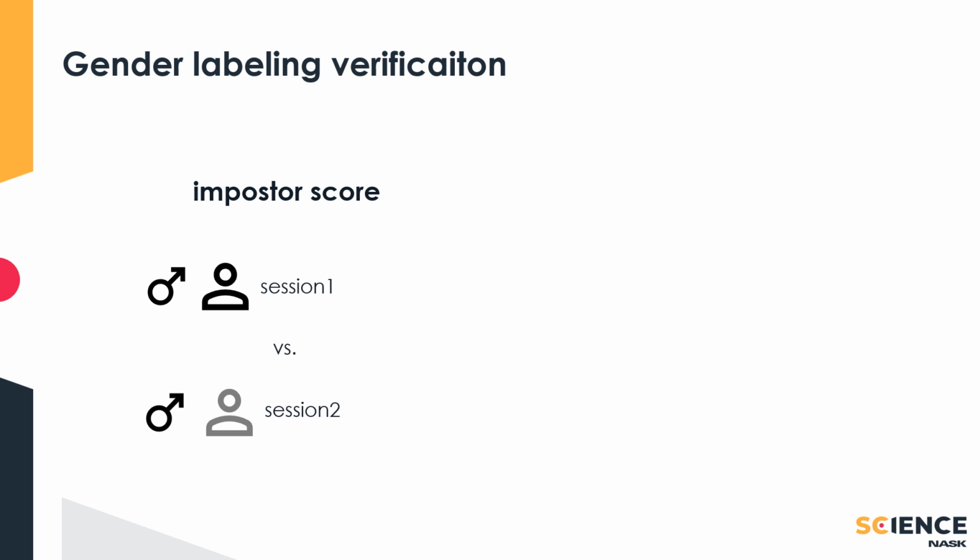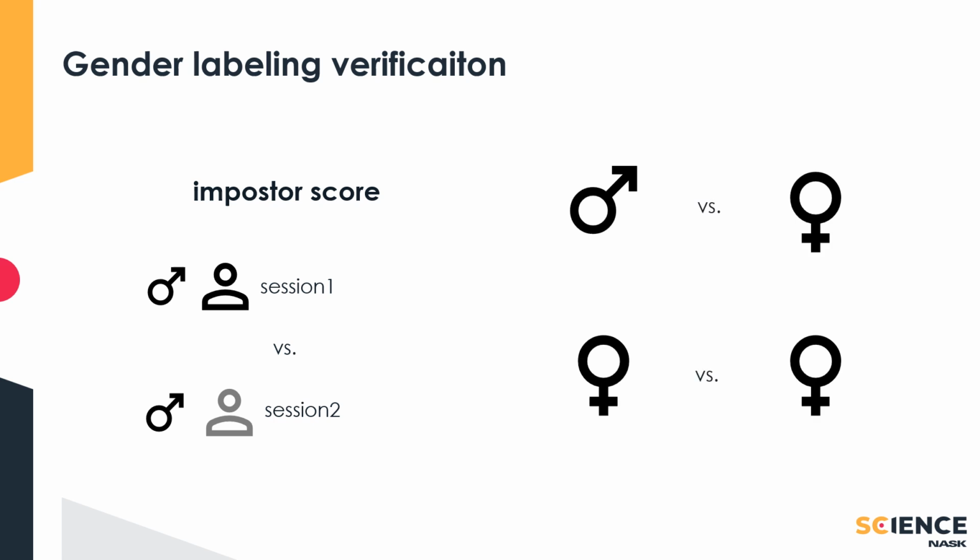Our methodology is grounded in the observation that no cross-gender comparisons typically yield lower average results due to significant voice characteristic differences between genders. Consequently, speakers with incorrect gender labels should contain notably lower values in no cross-gender comparison groups.